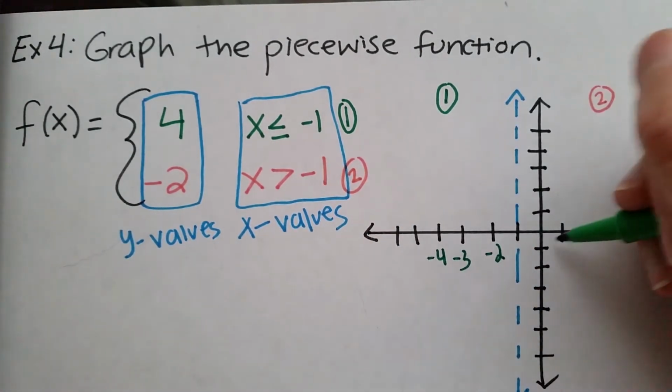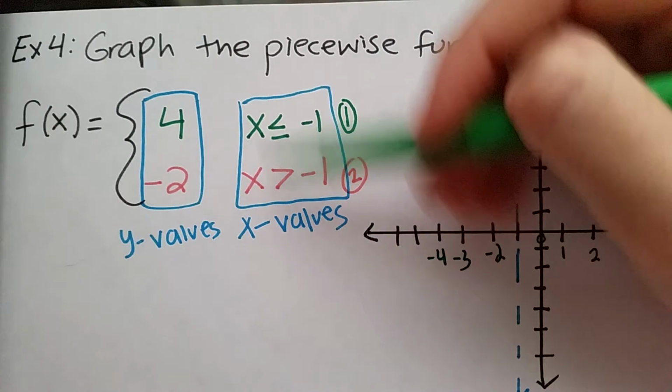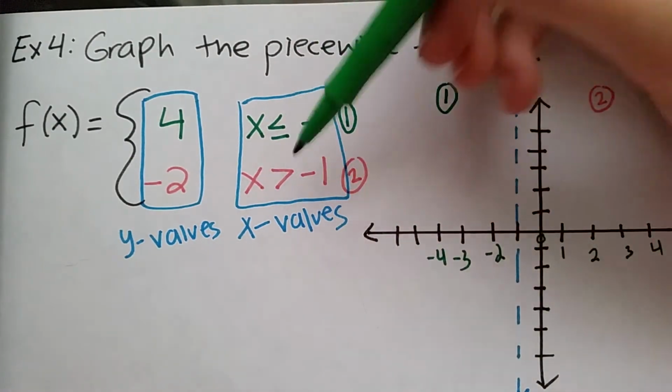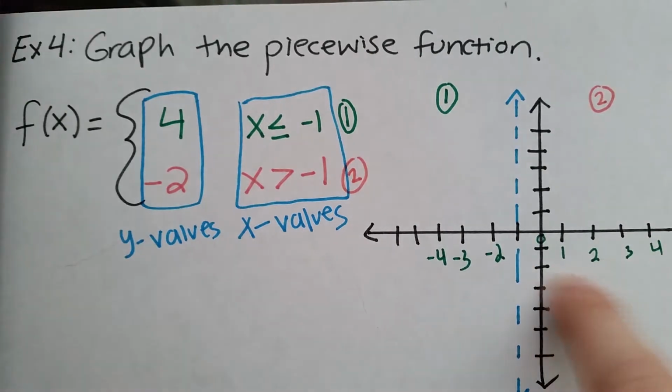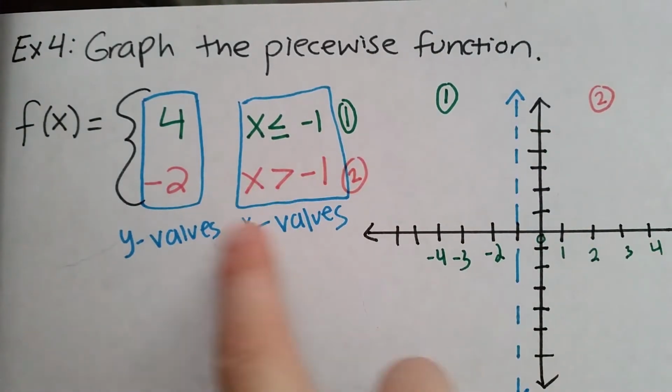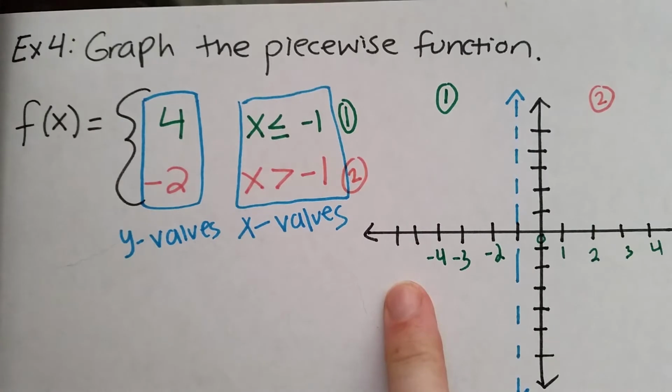And then the numbers on this side are things like 0, 1, 2, 3, 4, and this part of my piecewise function covers the values where x is greater than -1. So these numbers on this side are larger than -1. So the orange function is going to occur on this side of my dashed line, and the green function is going to occur on this side of my dashed line.